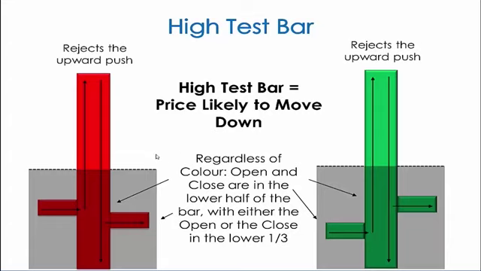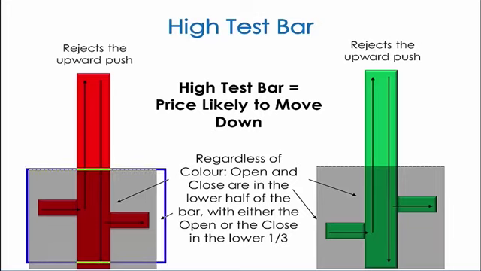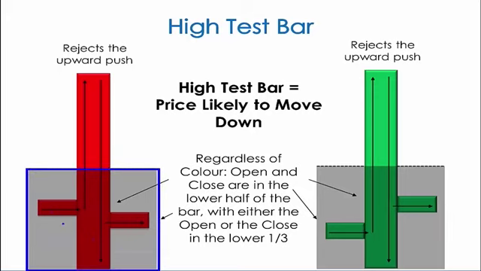The important point is open and close have got to be in the lower part of that bar. So here's the lower half, all nicely shaded in grey for you, and it's pretty obvious here, the opening price and the closing price are in the lower half of the bar. And we also need to have either the open or the close, or both of them, in the lower third.